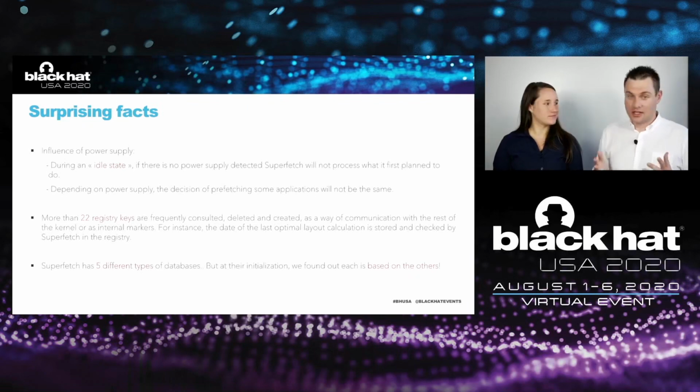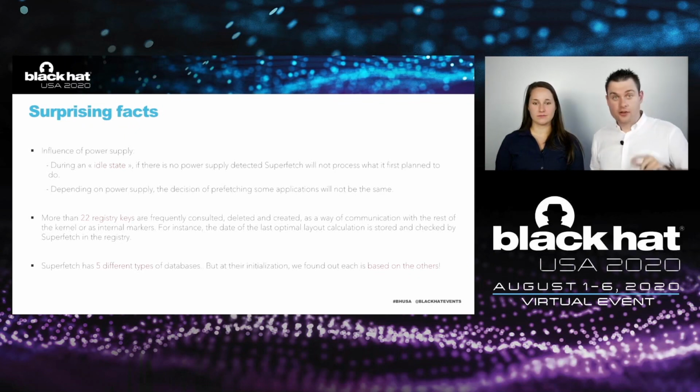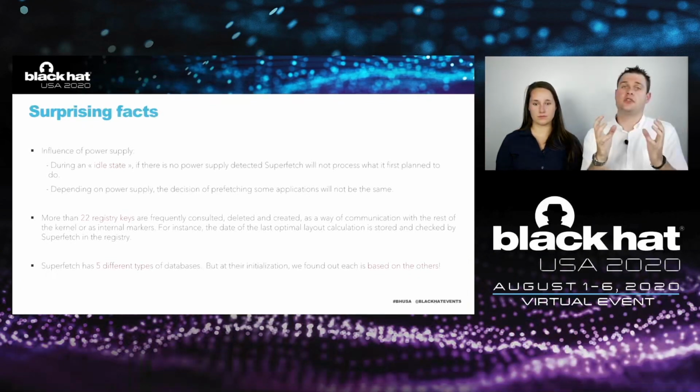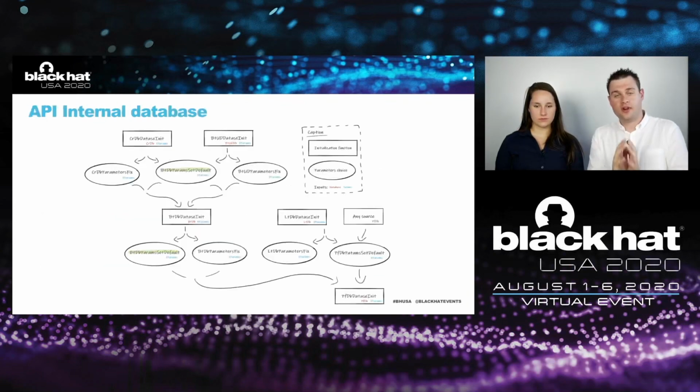Another thing is that Superfetch has 5 different types of database. From all different agents collecting different information, even if this is different information in its shape, in its data, they are all stored in files which have the same format.